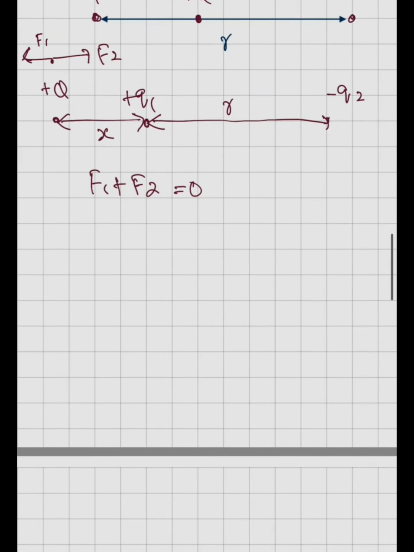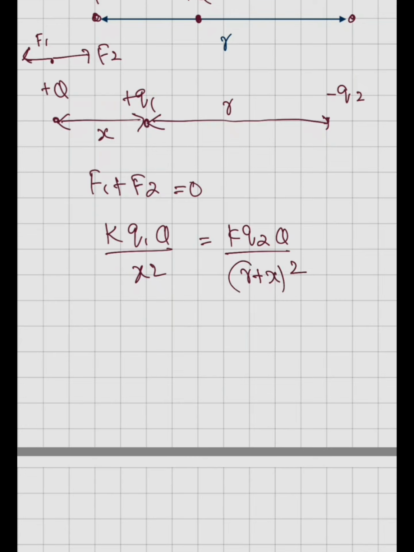We need to find the value of x. Just equate the magnitude of F1 with the magnitude of F2. The magnitude of F1 is given as k q1 Q by x square, equals the magnitude of F2, which equals k q2 Q by r plus x the whole square.